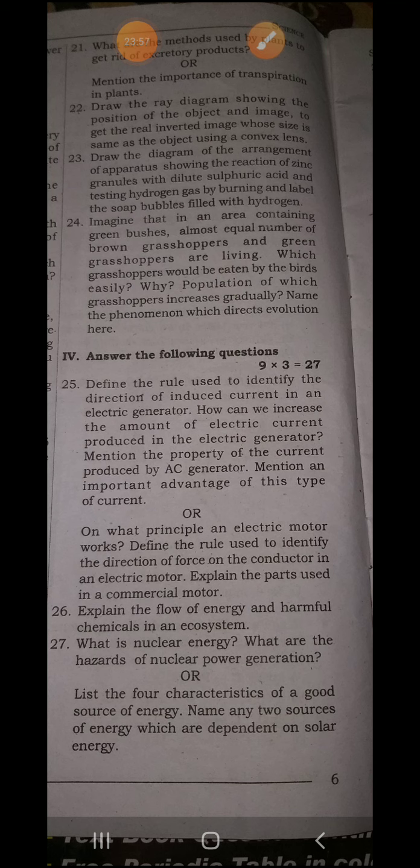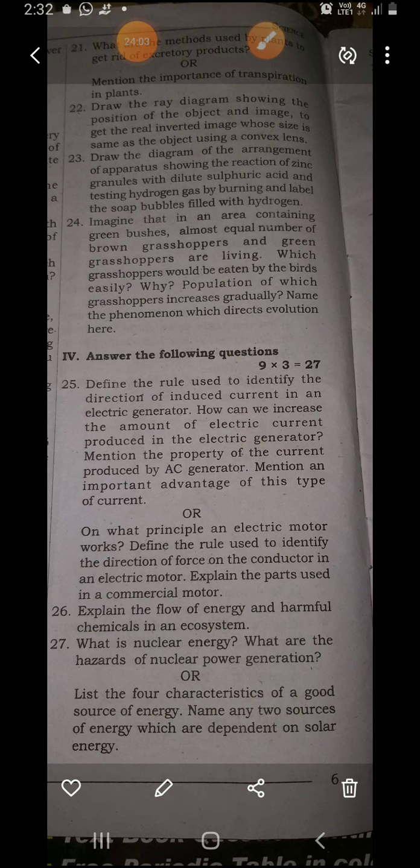So we can write the answer: brown grasshoppers are eaten by the birds easily because they can be easily identified and visible, right? The population of green grasshoppers will increase gradually, right?